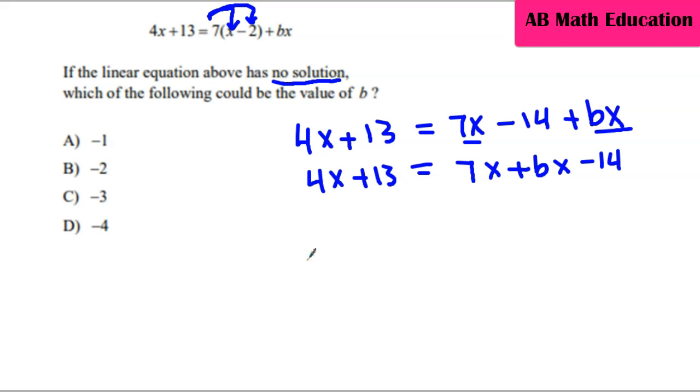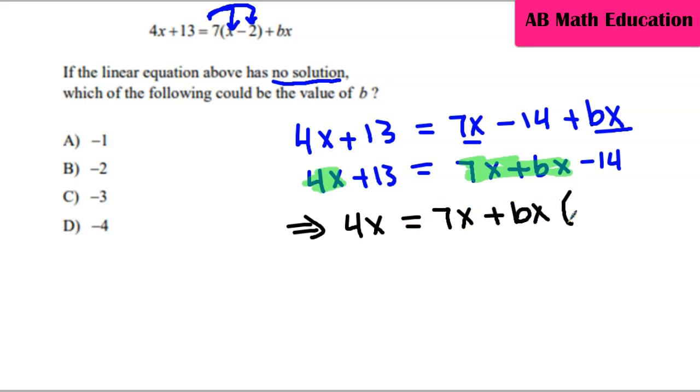It's whereby the variable that we are solving is equally the same on the left hand side and on the right hand side. Here we are going to equate these two, and then we solve for b. So this implies that 4x must be equal to 7x plus bx. This is where no solution occurs.